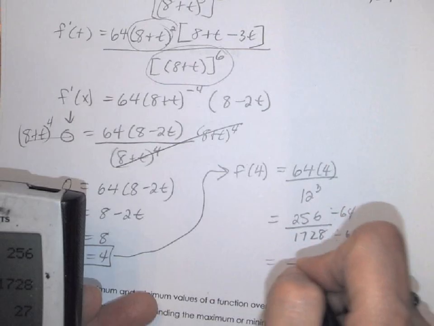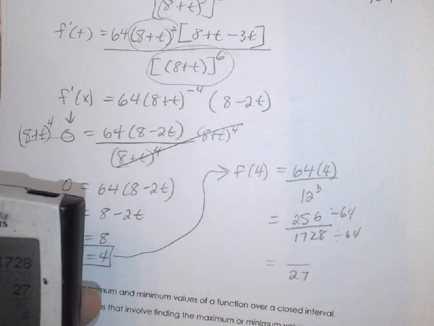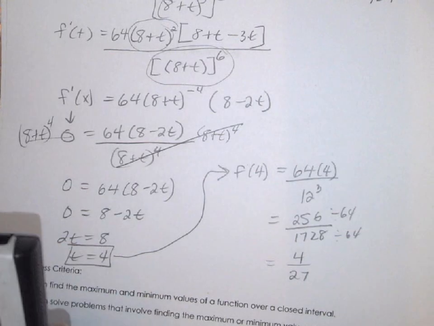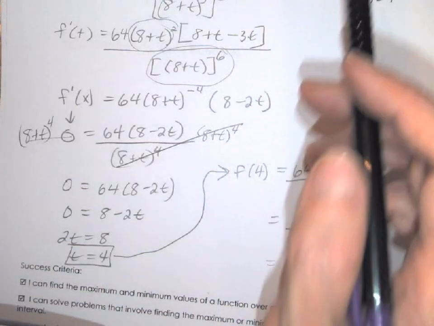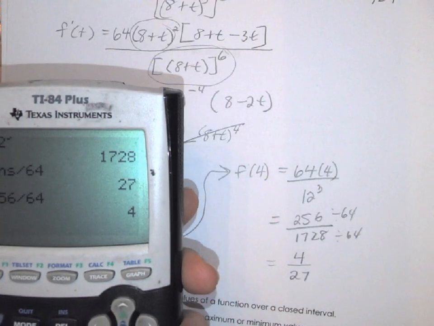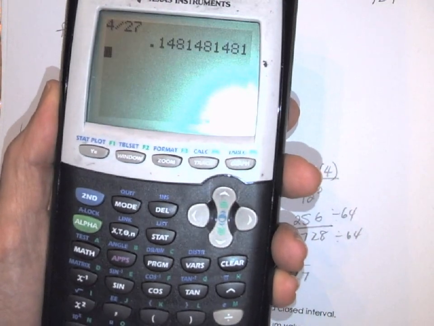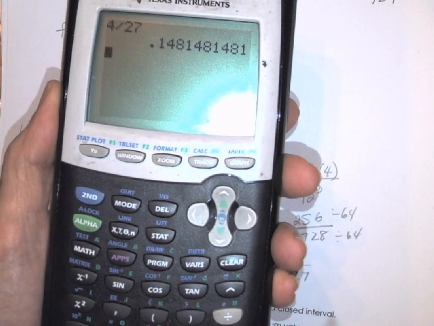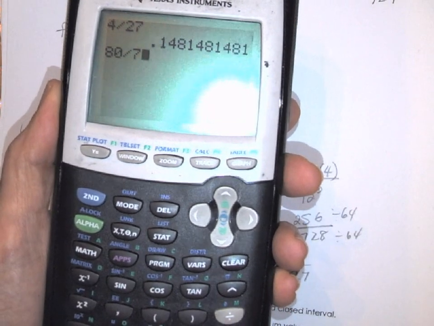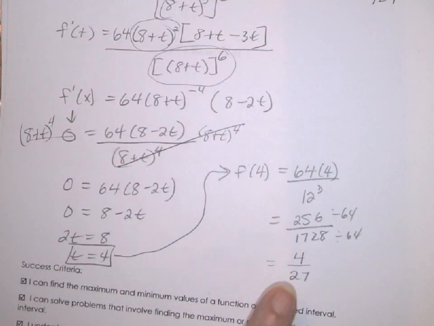Yep. So 4 over 27. And we're looking for the maximum fraction. So 4 over 27, if we do this in our calculator, is 0.1481, and 80 over 729 is 0.109. So the biggest fraction is 4/27.